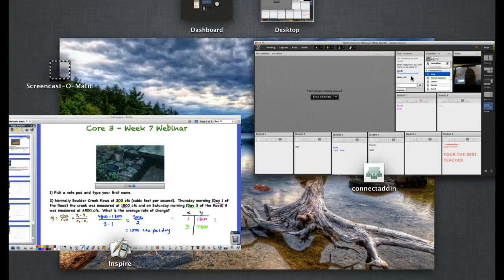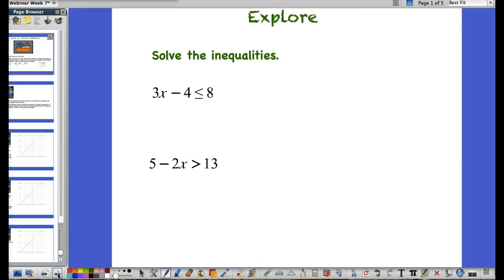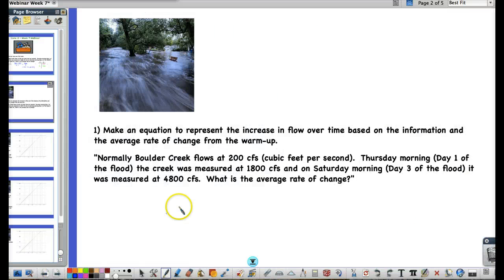Okay, so we're going to continue on with our problem a little bit, just with some graphing, because like I said, we're going to be getting into the graphing. So what we're going to do is make an equation now to represent the increase in flow over time based on this information and the average rate of change that we found. The average rate of change was 1,500, right?